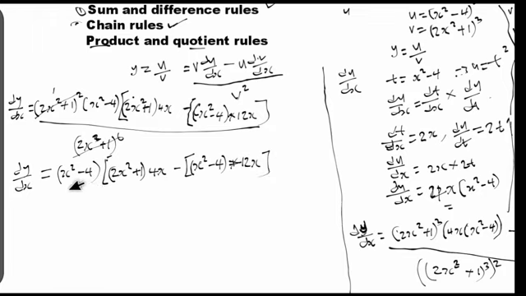Let's close the big bracket, and everything is divided by 2s squared plus 1, raised to the power of 4. Now, I hope you are following.